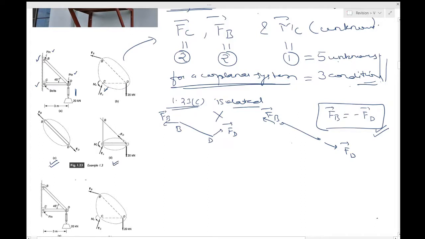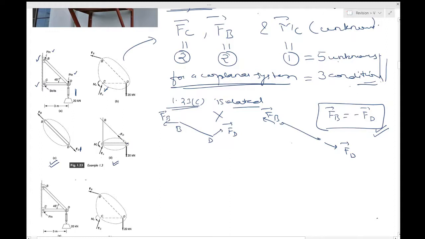You have isolated the bar CD over here, and you are showing all the forces. So you have FC, you have MC, you have minus FD and 20. Remember, at D you have FD acting, so on the same joint you will have minus FD acting, so that the pin joint at D is in equilibrium.